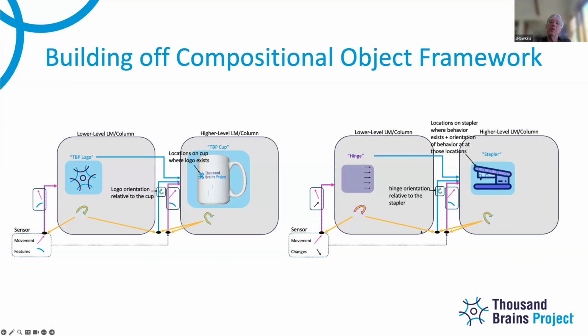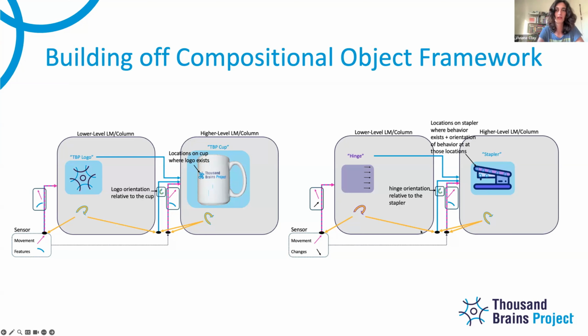I didn't learn hinge unless there was something on the left that was learned. What is the parent object that behavior is related to? It's not the top of the stapler. The top of the stapler itself is not exhibiting a behavior. It's just moving through space. As a morphology object, it's not changing.